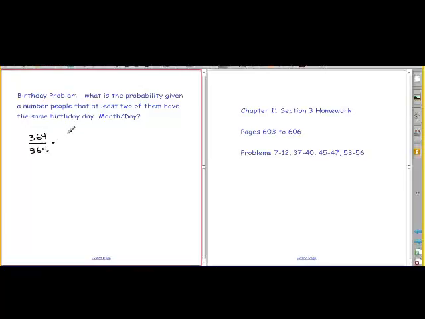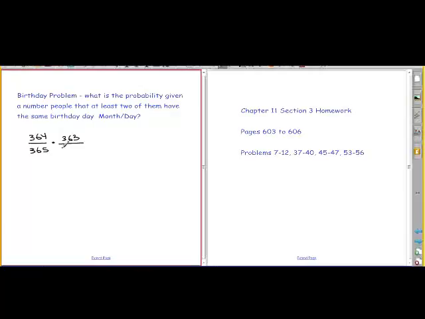Then the next person that I choose, the probability of them not having the same birthday as the previous 2, you take 363 out of, is it 365 still or not?